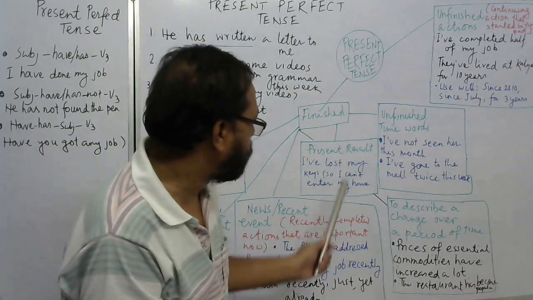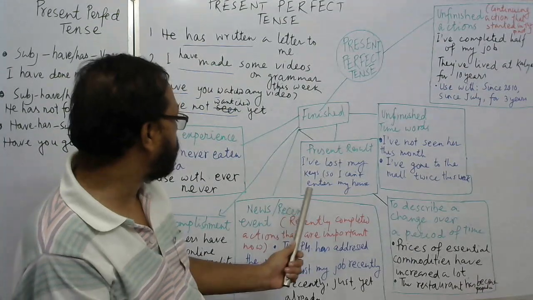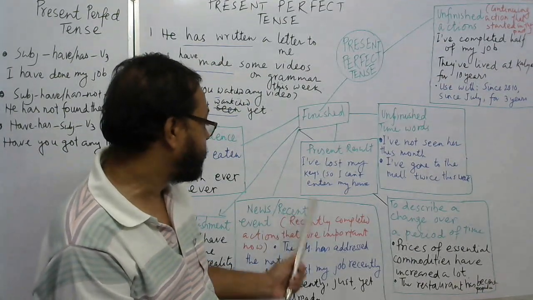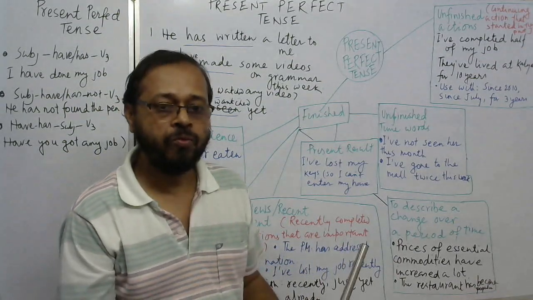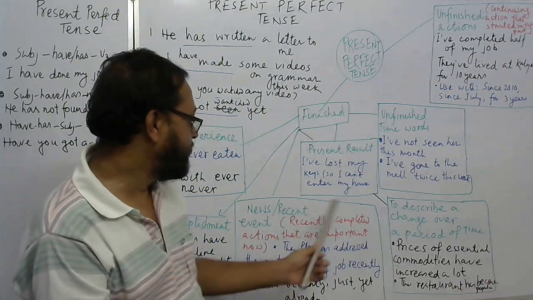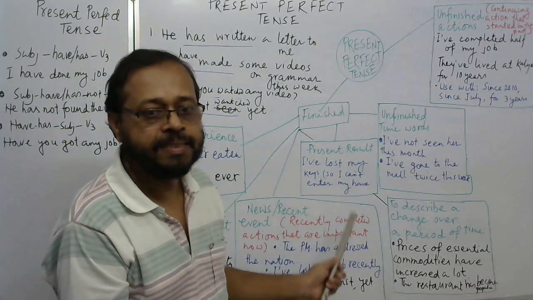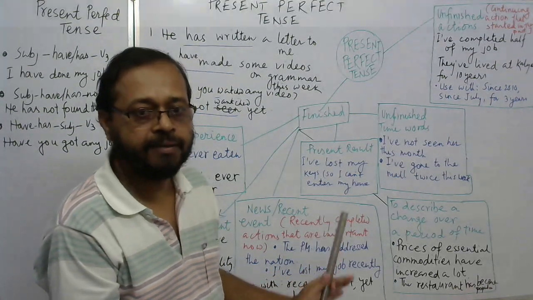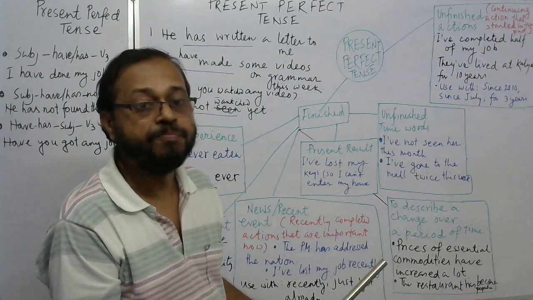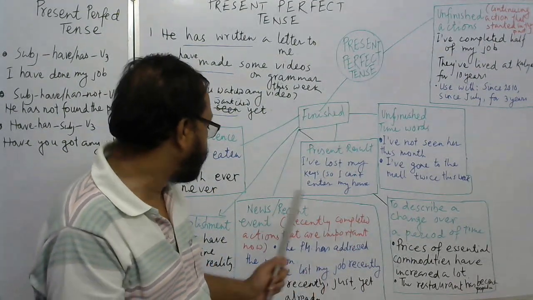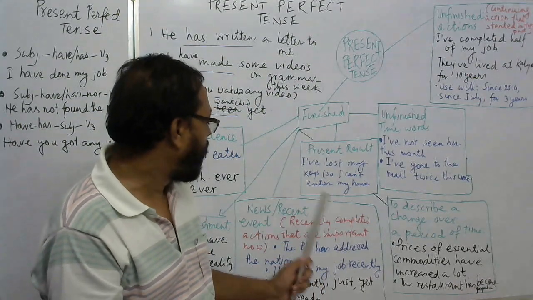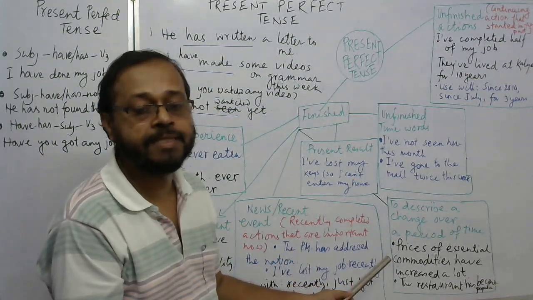তাহলে এজন্য ব্যবহার করা হয়। Then news or recent events. Recently completed actions that are important now. The action is recently completed action, but the result is still important. The Prime Minister has addressed the nation, or I have lost my job recently.